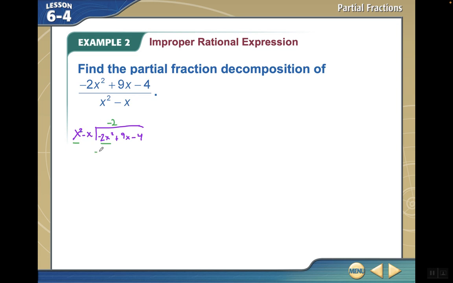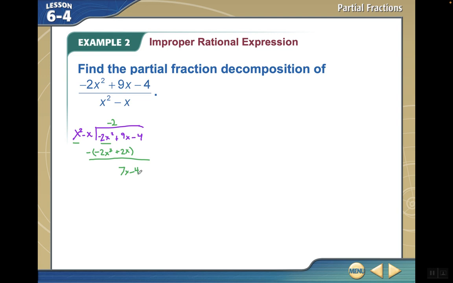So I end up with a negative 2x squared, and the negative 2 times negative x is a positive 2x. Then, just like in regular long division, I'm going to subtract. Negative 2x squared minus a negative 2x squared is nothing. 9x minus 2x is 7x.